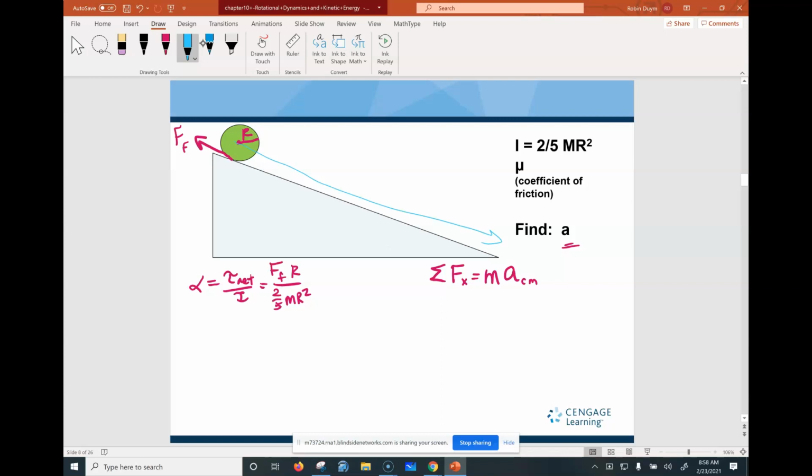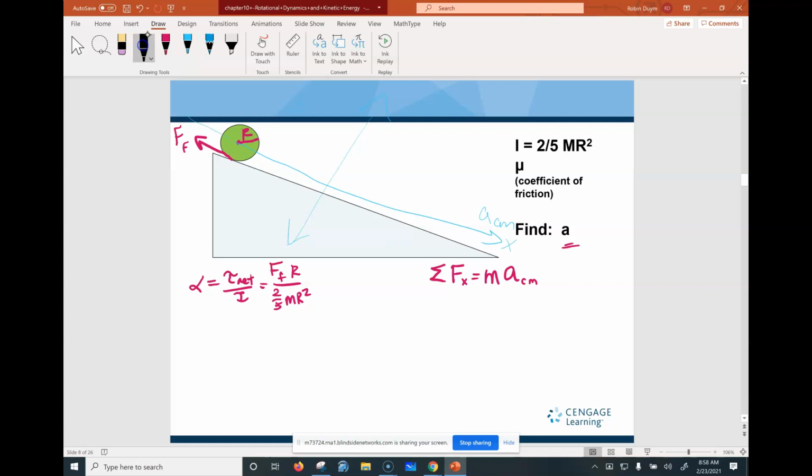We know that that center of mass doesn't rotate. Everything's rotating around it. So this would be our center of mass. So the acceleration of the center of mass. Yes? Okay, so just remember, when we're on a ramp, we tilt our axes. So we have our y-axis this way, and this is going to be our x-axis this way.